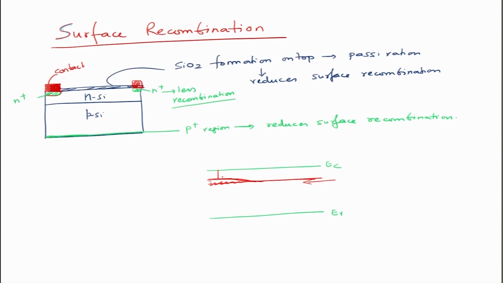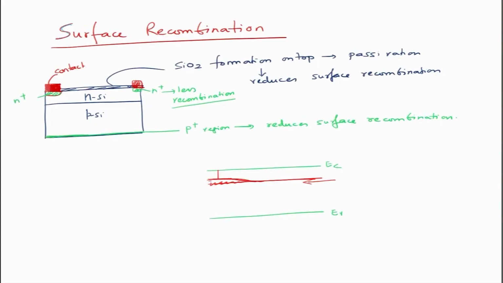This slows down the carriers, and as a result the surface recombination is lower. That is why there is a gradient in composition put near the surface, near the contact on the top side and again near the contact on the bottom side. Both of these keep the carrier away from recombination. So, recombination losses are reduced in both cases, and this again is the contact on the back side.